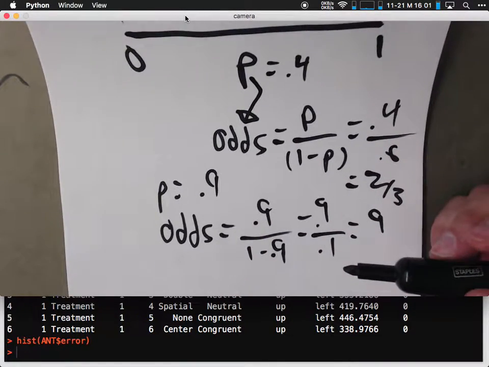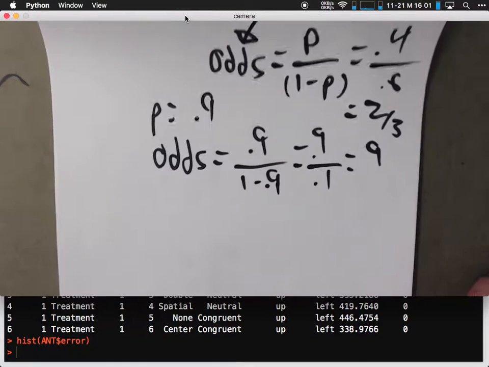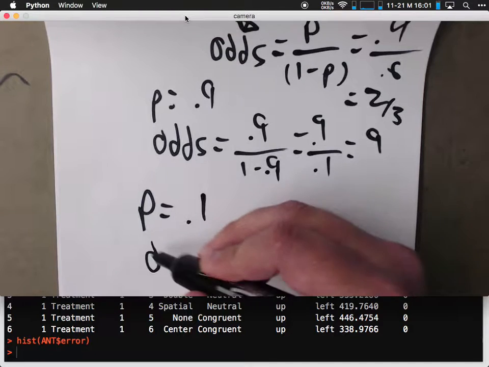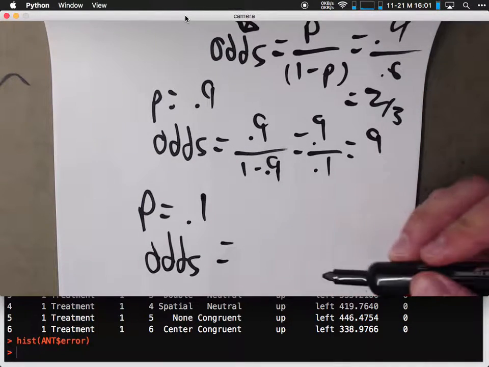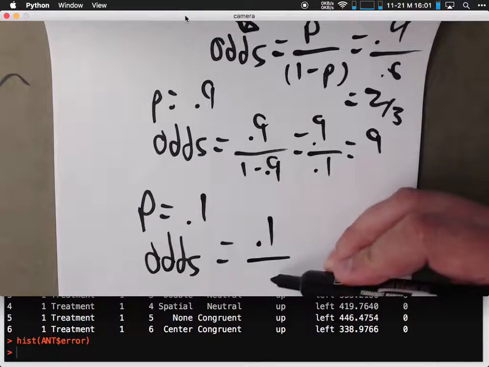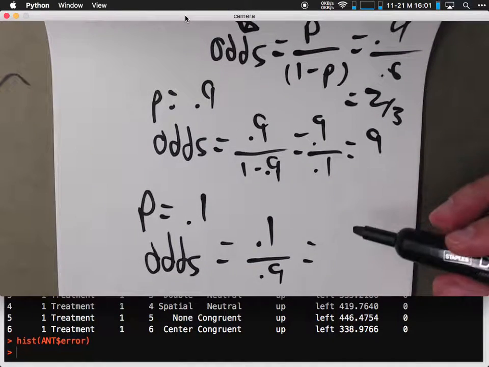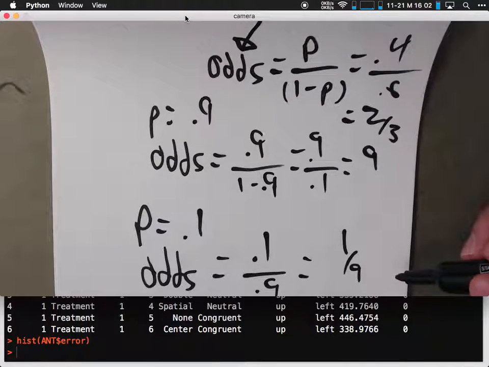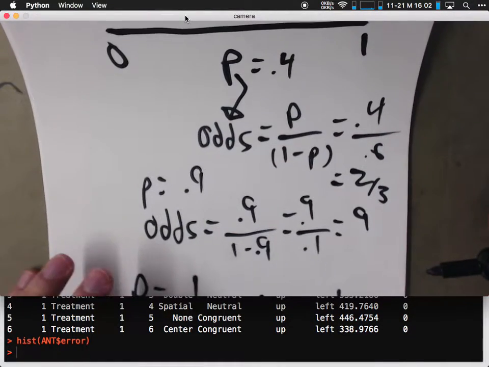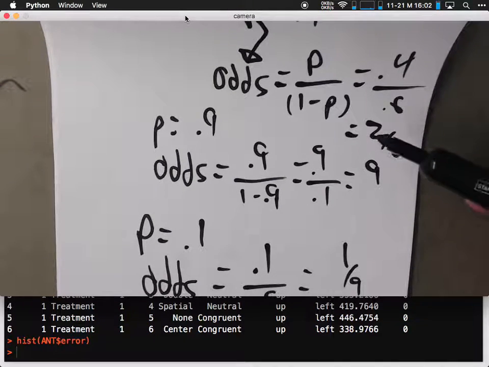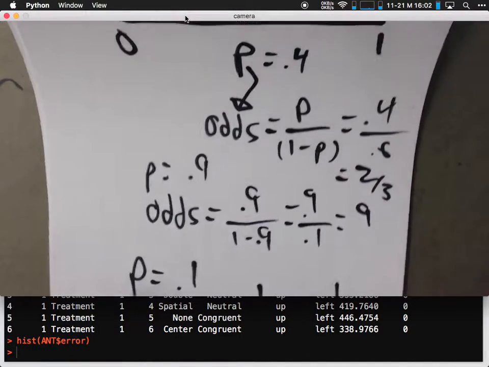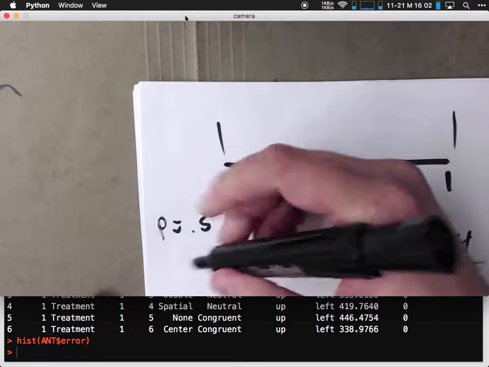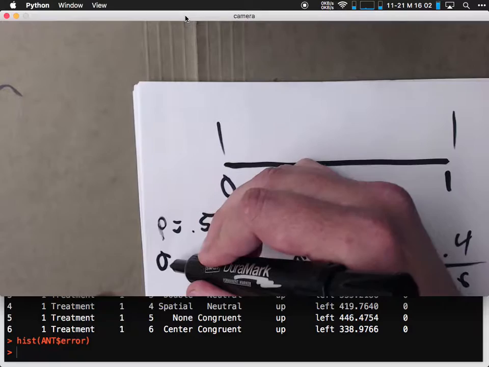If we had the inverse, p equals 0.1, odds equals 0.1 over 0.9 equals 1 over 9, something very close to 0. And if we had p equals 0.5, that's going to be odds of 1, right?